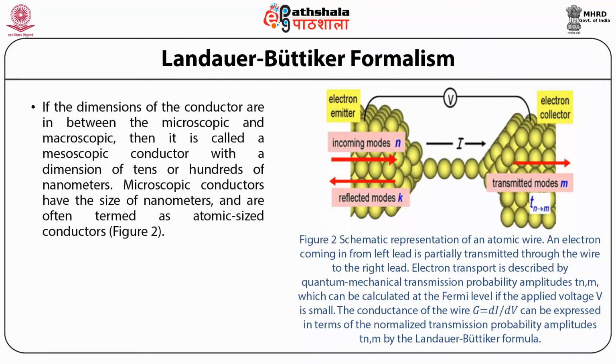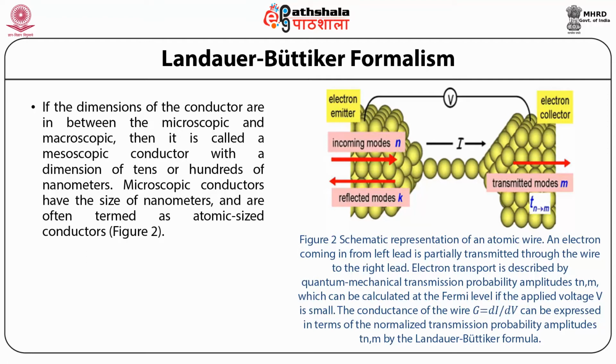Now a conductor demonstrates the ohmic behavior when its size or dimension is sufficiently bigger than these lengths. This characteristic length depends on the type of material and gets affected by magnetic field or temperature.